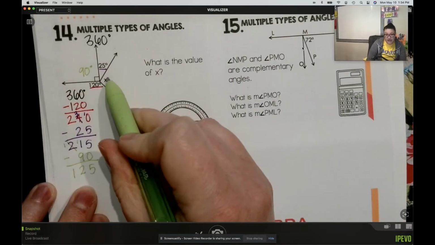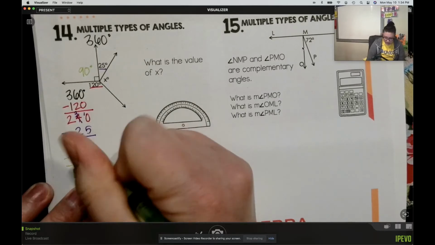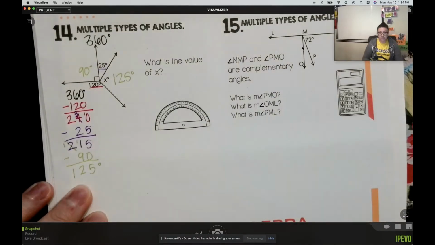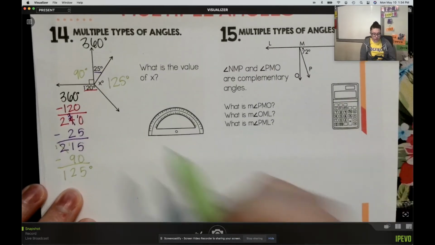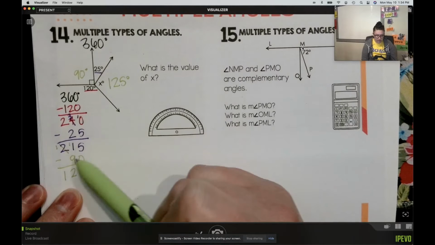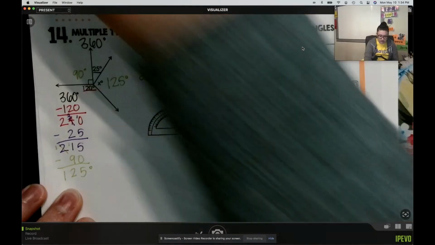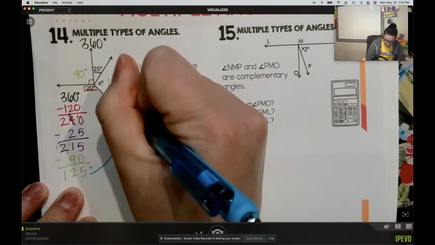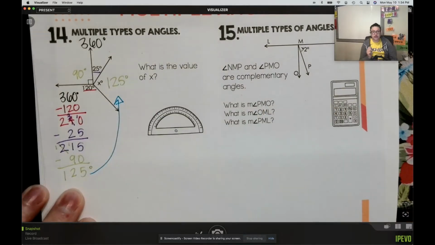So that means that x has to be what's left. So x would be 125 degrees. The whole thing is 360. I'm just subtracting all these parts till I get whatever is left. I'm going to make that a different color. That's that last piece.